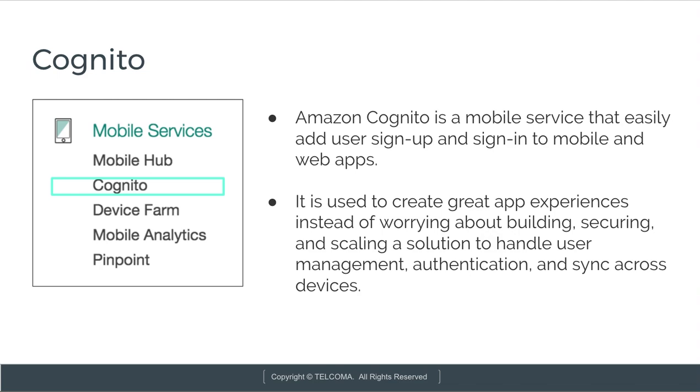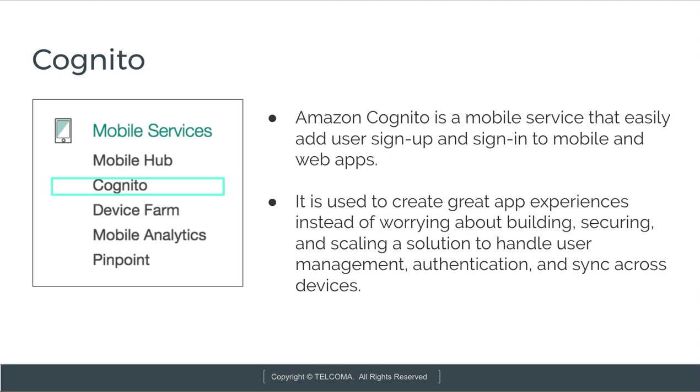So we can create our own user directory with this, or we can authenticate users through social identity providers. That means we can identify the user ourselves or authenticate using Facebook, Twitter, etc. With a SAML identity solution, or we can have our own identity system too.